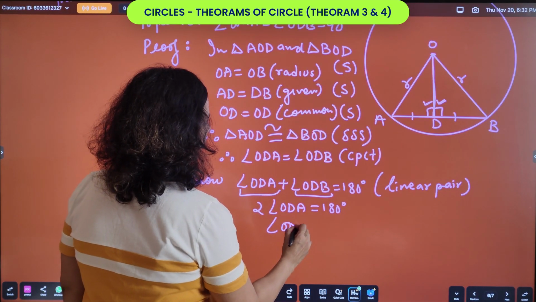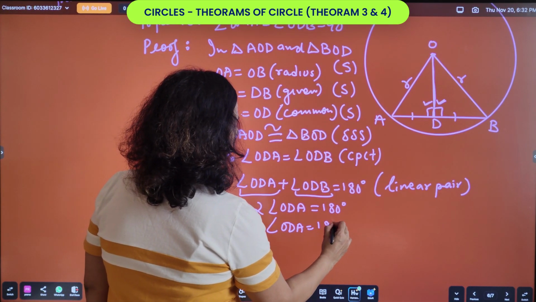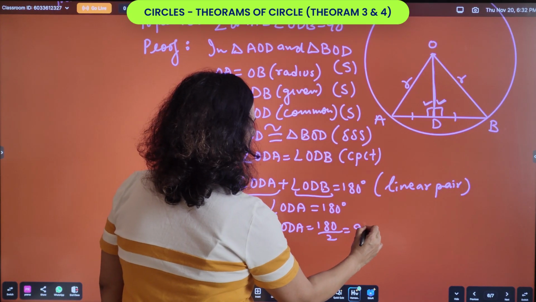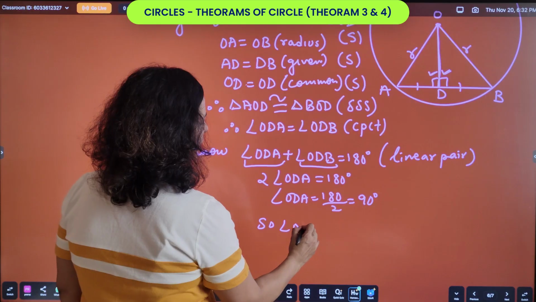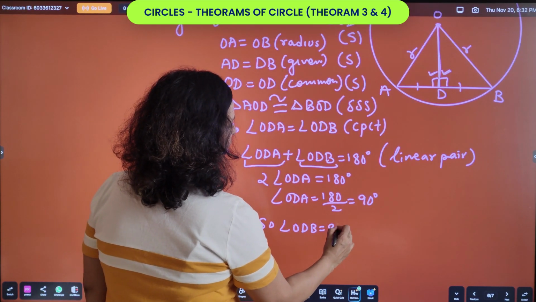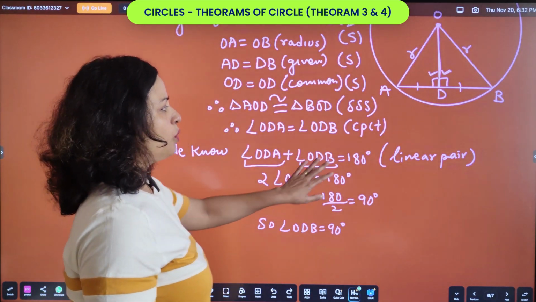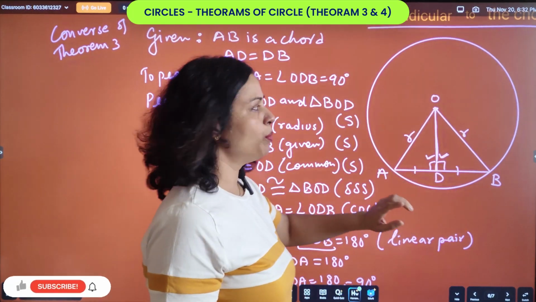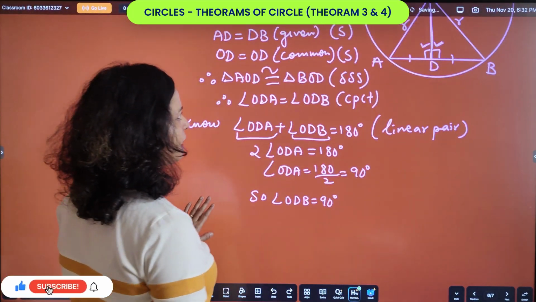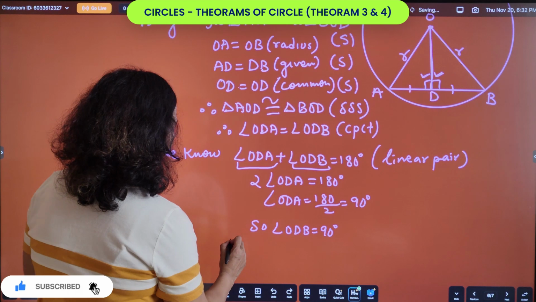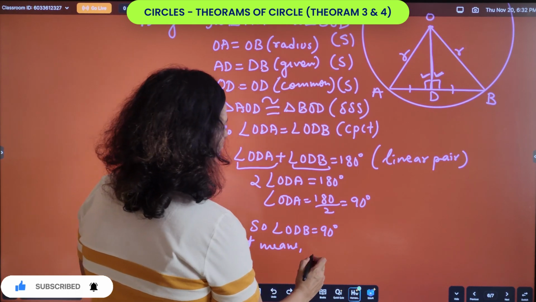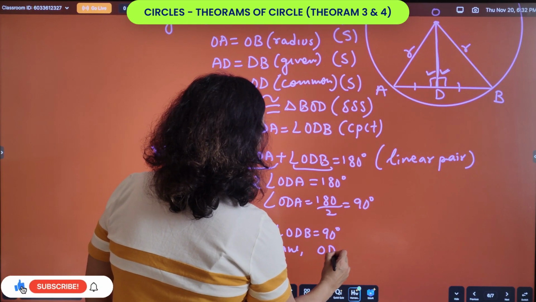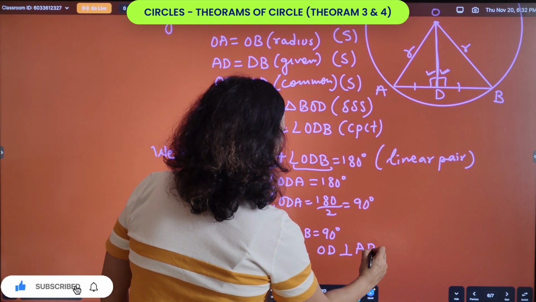So angle ODA will be 180 by 2, we'll get 90 degrees. If angle ODA is 90 degrees, then angle ODB will also be equal to 90 degrees. So that's how we get both the angles to be 90 degrees. That means OD is perpendicular to AB.